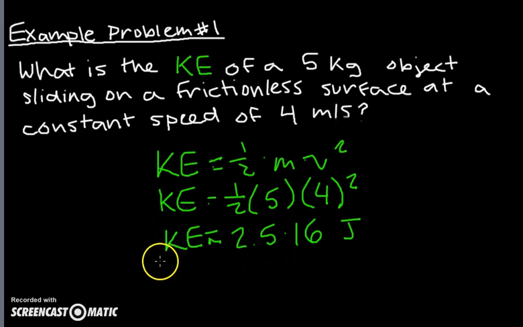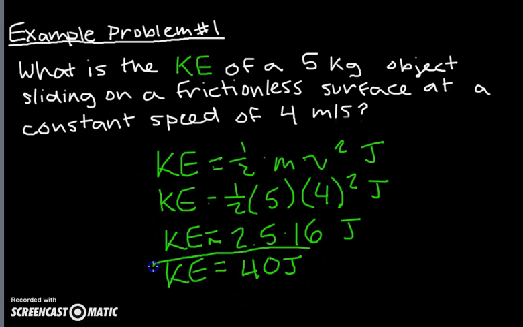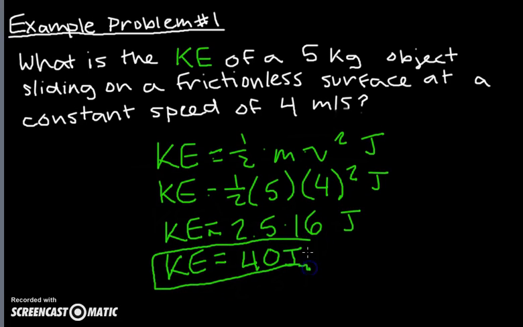By the way, joules is the unit of energy, and you're going to use that no matter what kind of energy you're dealing with, whether it's kinetic or potential or whatever. Which means that our kinetic energy in this situation is equal to 40 joules.